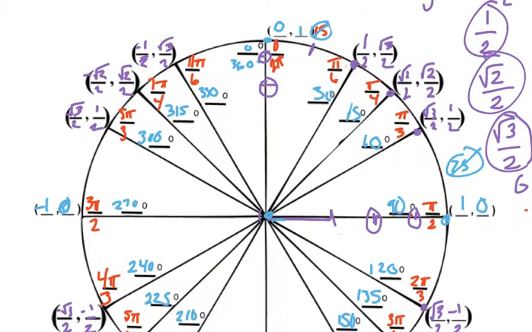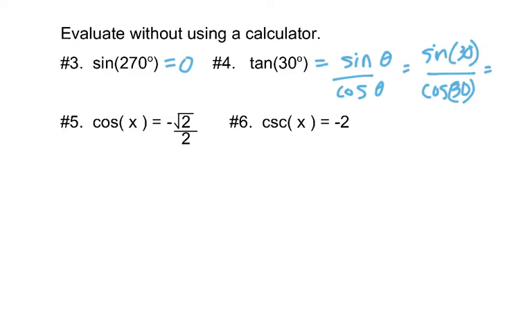So my sine is going to be square root of 3 over 2. My cosine is a half. And since they're both divided by 2, you actually don't need the 2's. You can think of it as flipping the reciprocal as well. And so it turns out that tangent of 30 degrees is actually just square root of 3.